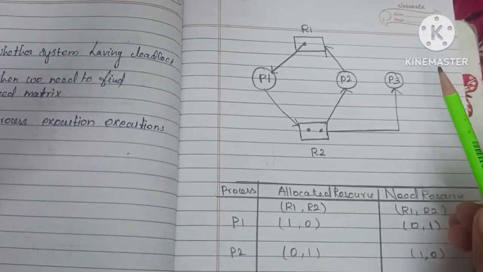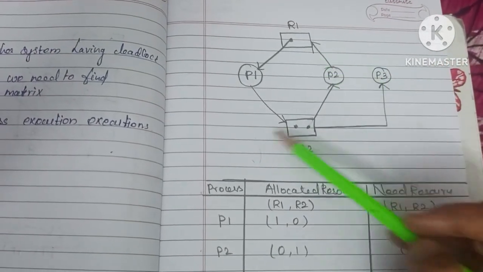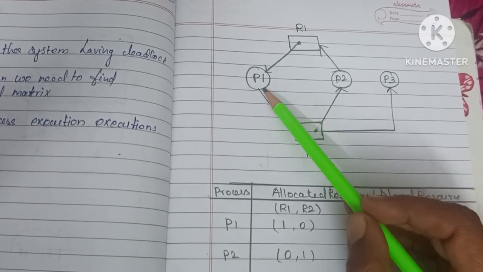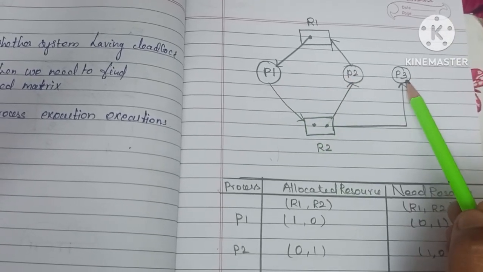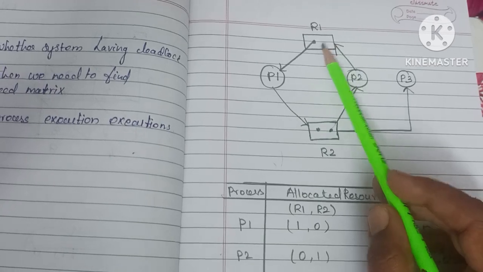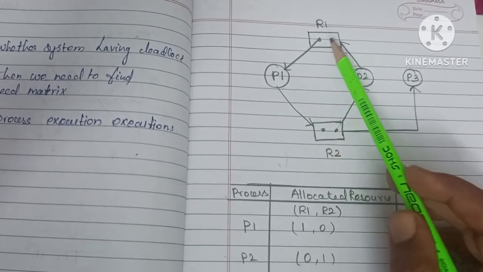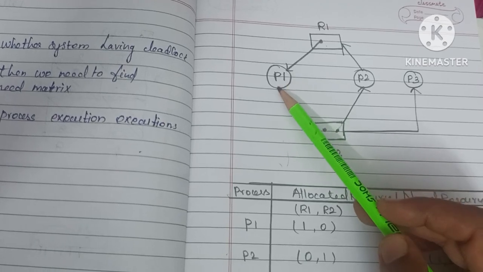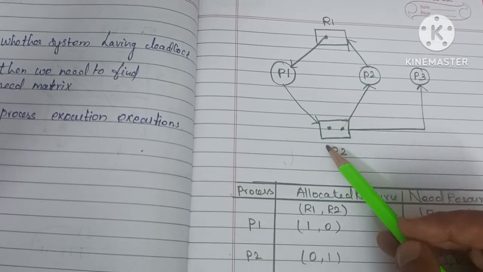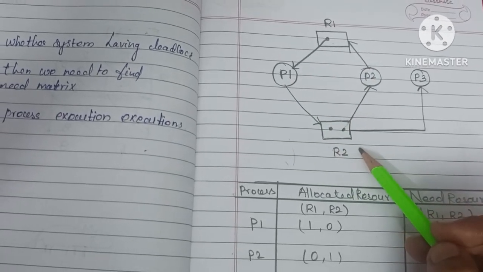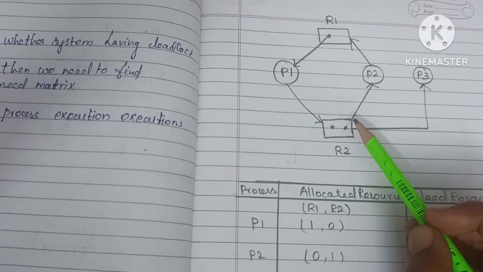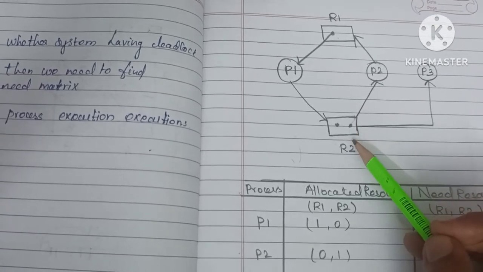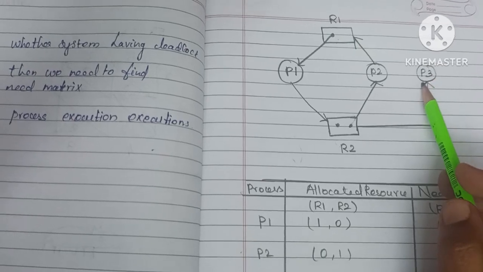According to that problem, we have a graph. Here we are considering the three processes P1, P2 and P3 and two resources R1 and R2. R1 is a single instance resource which is allocated to the process P1, and R2 is a multiple instance resource. In this multiple instance resource, one instance is allocated to the process P2 and another one is allocated to the process P3.